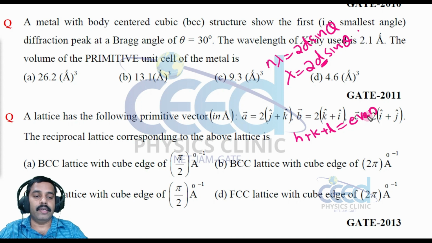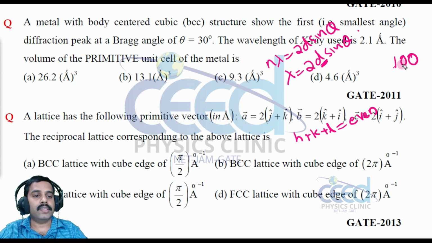We have to select which plane, the least plane, the first plane. We have so many options. If I choose 1 0 0, that means h plus k plus l is odd.